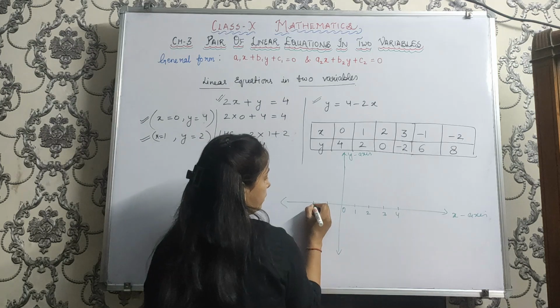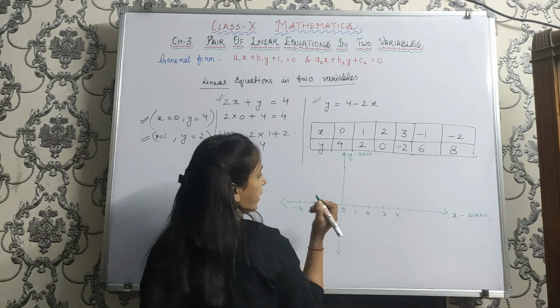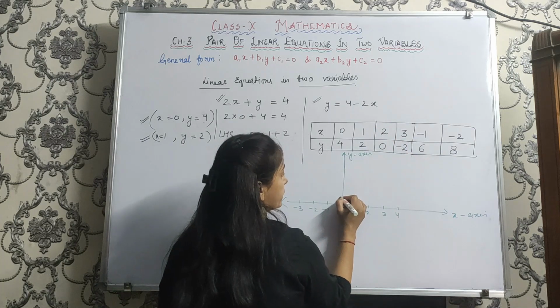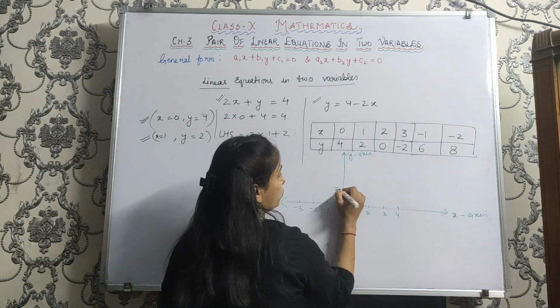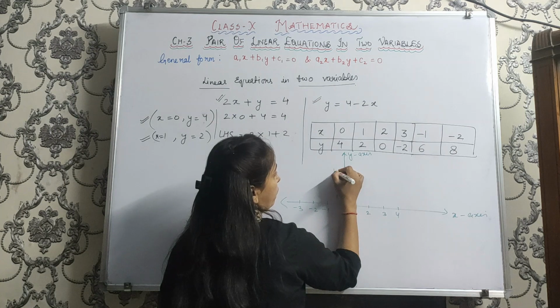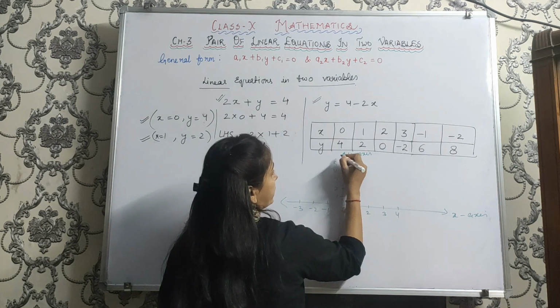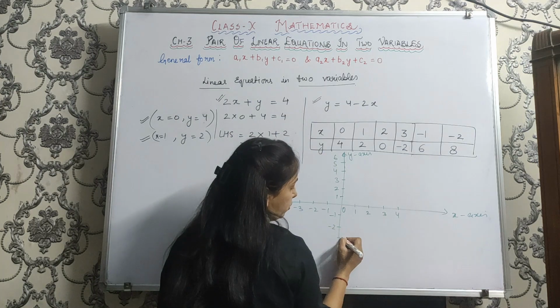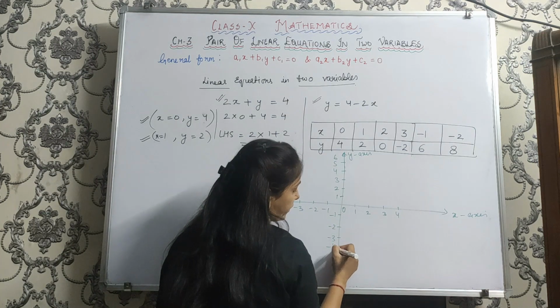Here minus 1, minus 2, minus 3 and so on. On the y-axis we have till 8, but I am taking smaller numbers. So 1, 2, 3, 4, 5 and let's take till 6 only. Minus 1, minus 2, minus 3, minus 4 and so on.